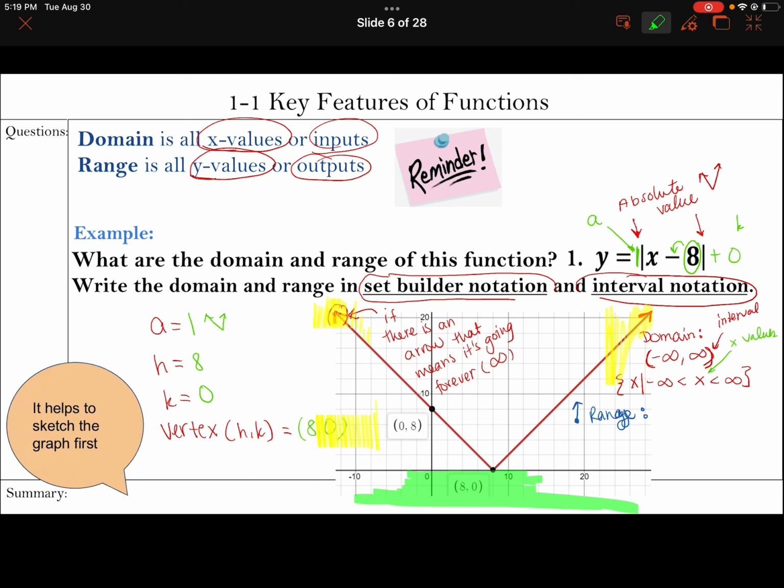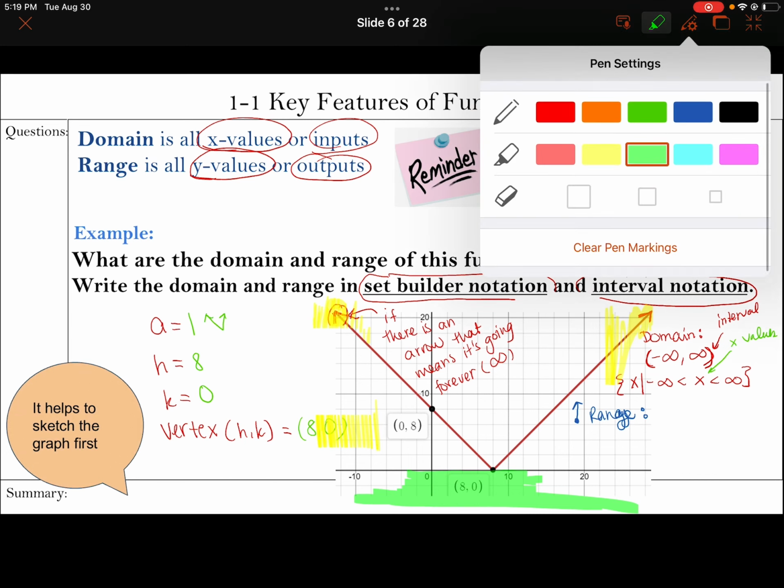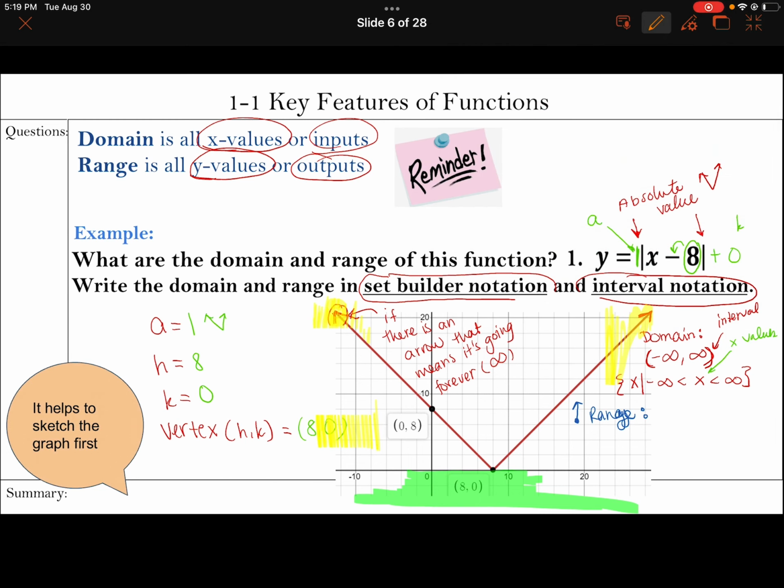Okay. Now what is my first y value? It will be at y equals 0. So I am including it. So it's a bracket because it's a solid dot.